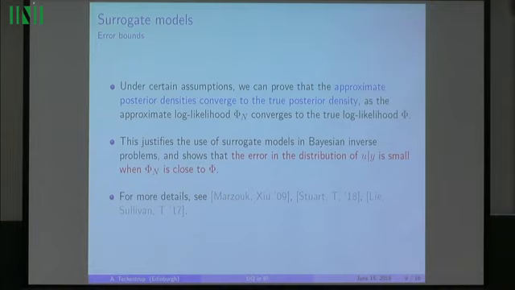Okay? So as long as your surrogate model is close enough to the true mathematical model, you get a posterior that is close to the true posterior. Okay? So if you're interested in more details, there's a couple of references here where they show this kind of result. Okay. So that's what I wanted to say about surrogate models.